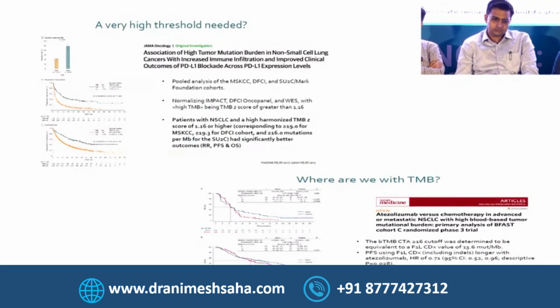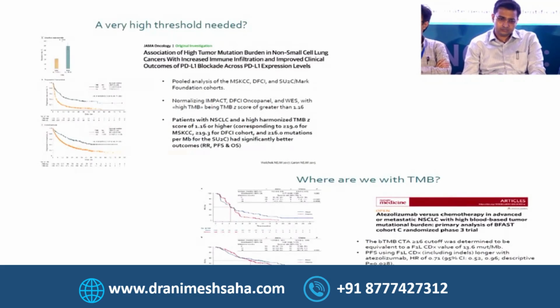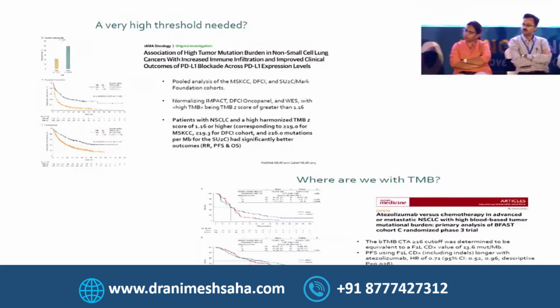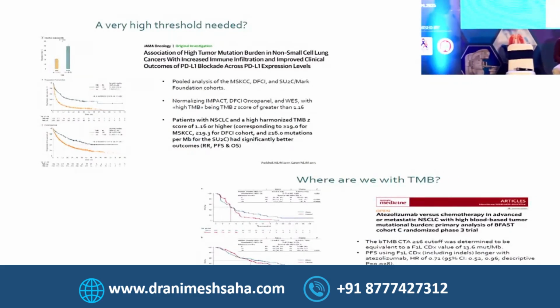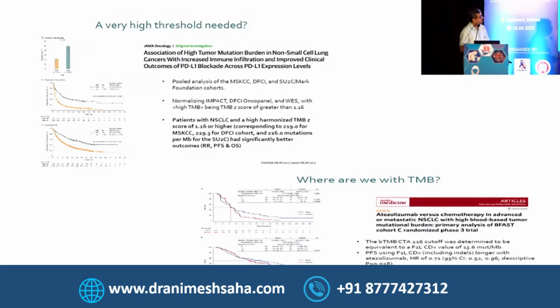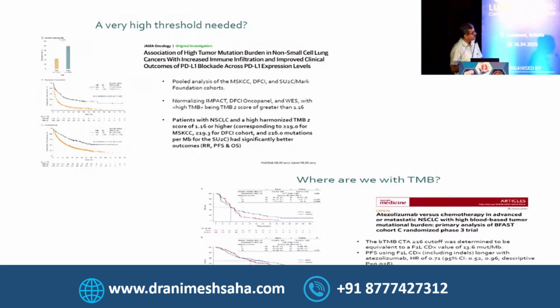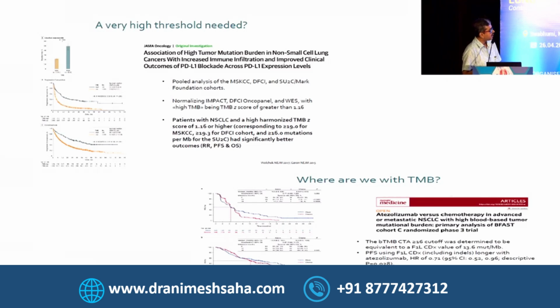So there is a zone of controversy around tumor mutational burden. If we look at this data in NSCLC, a high harmonized tumor mutational burden score of 1.16 is almost equivalent to a TMB of 16 in this study. These are the pooled Foundation cohorts.